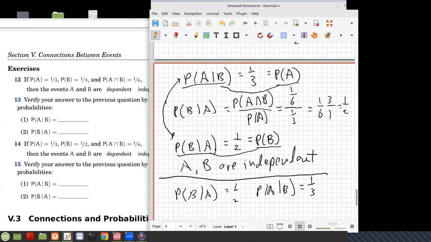Both of them have to work for the events to be independent. I understand that. My question is, if the answers were different.